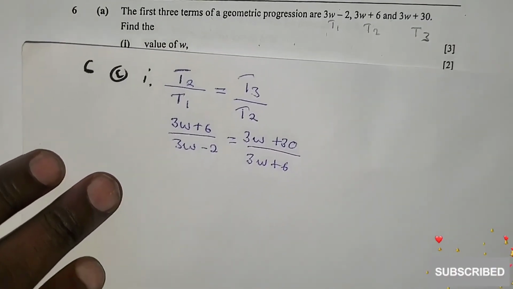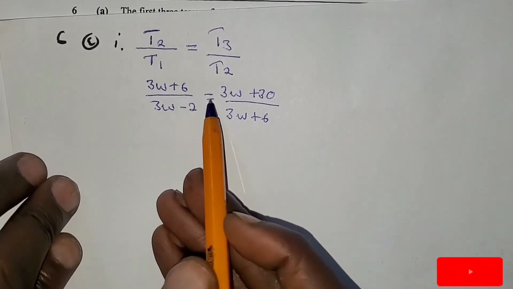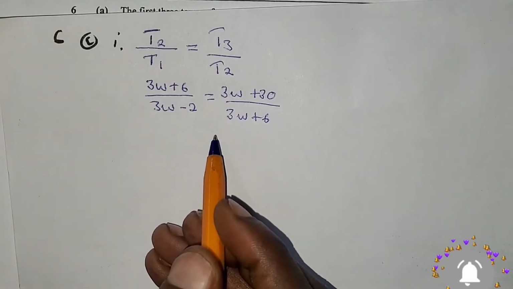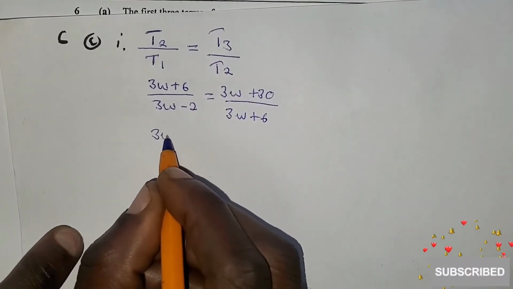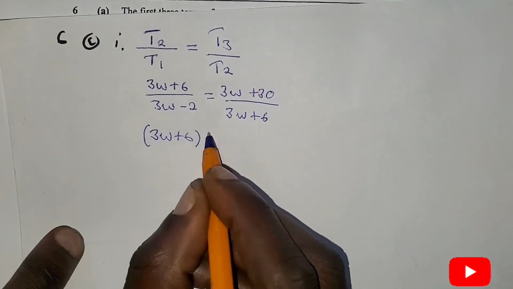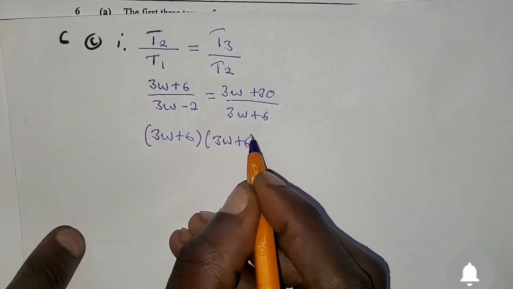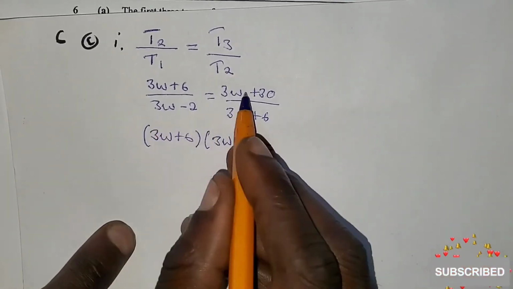Since there's an equal sign here, we're going to cross multiply. Let's start with this: 3w plus 6 will be multiplied with 3w plus 6.